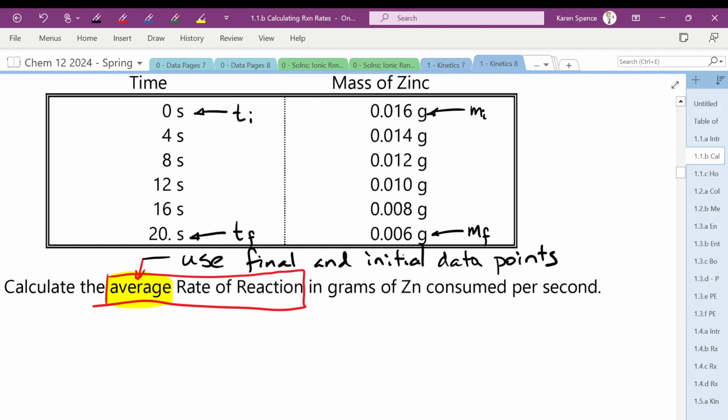So it's not much different from the last questions we did. It's just you need to be able to pick which data points from the table to use. And once again, we need to write the formula. So we're going to start by writing rate. Then we're going to write equals. And then what are we going to write?